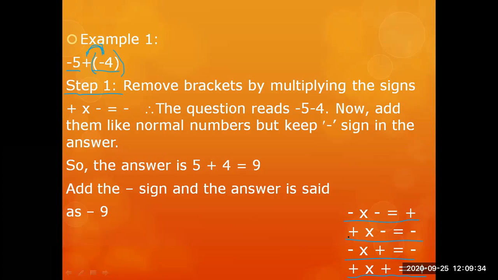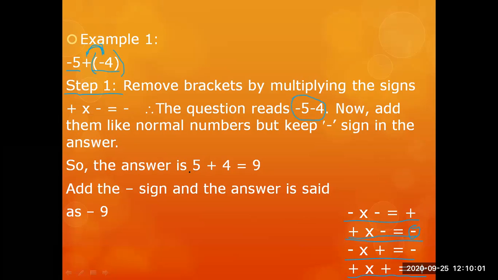So, plus into minus gives minus. So, the question now reads as minus 5 minus 4. As we have seen the rules, we need to add both of them. So, first we need to add them as normal numbers and add the minus sign to the answer.